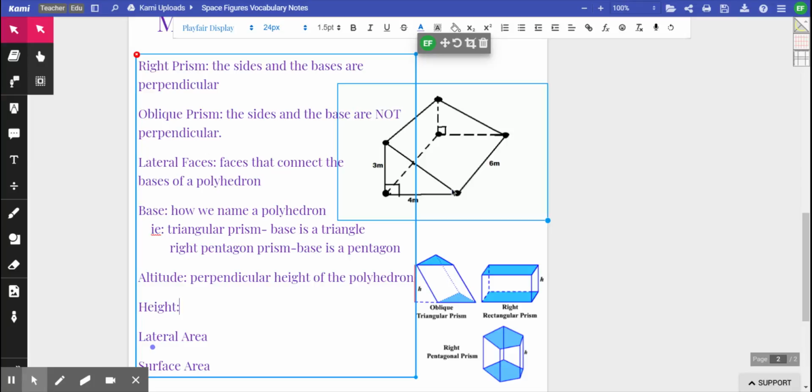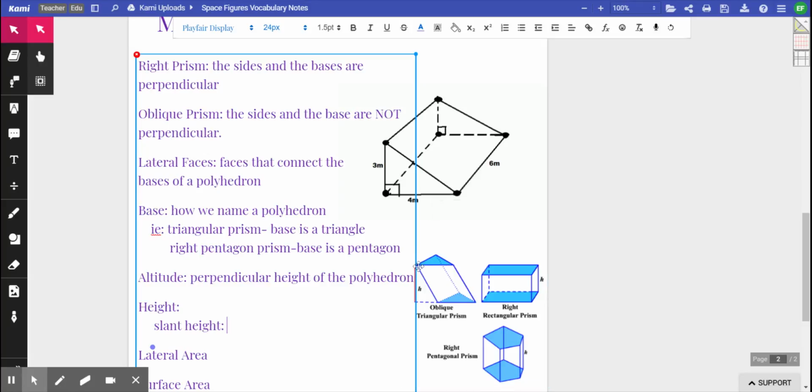If we're talking about height, if we go down here, we have slant height. So if we're looking at the oblique prism here, what's on the slant, that length there, would be considered the slanted height. So it's a diagonal height.